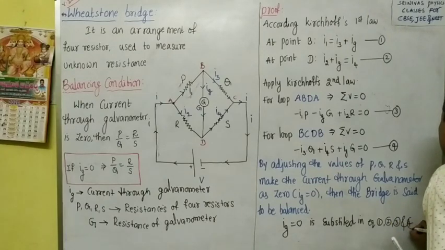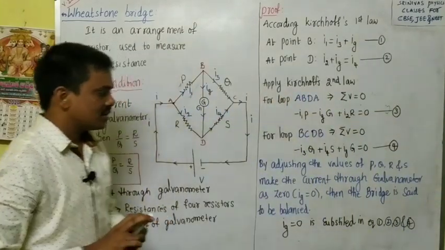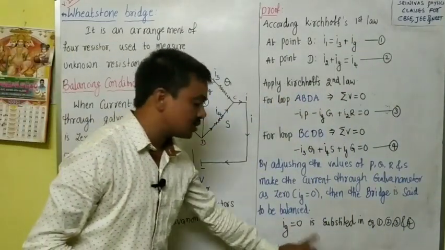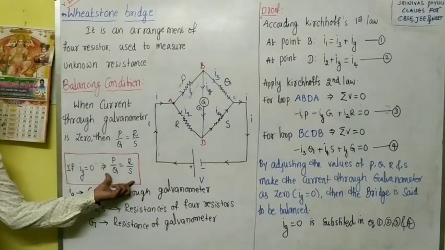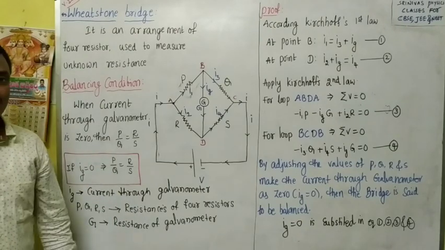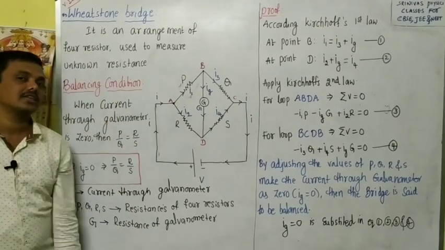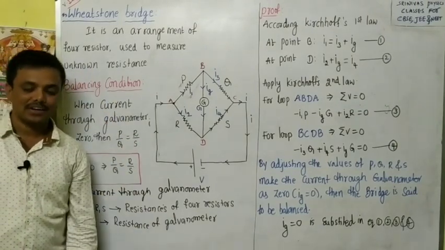In all the above equations, you substitute this condition. Then what will you get? When you substitute IG equal to 0, automatically you get P by Q equal to R by S. If you get P by Q equal to R by S, then the balancing condition is proved. This is very simple. Take a screenshot and note all the points. This is a very important topic, right?